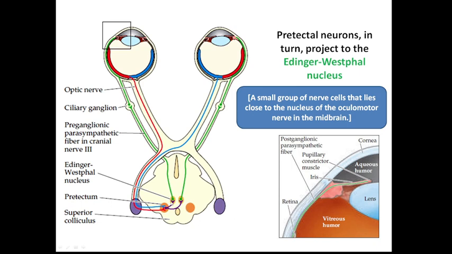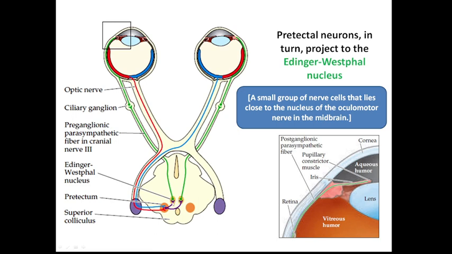These neurons send impulses towards the Edinger-Westphal nucleus, and the pretectum of the left side gives its connection to the Edinger-Westphal nucleus of both sides, that is the left side as well as the right side. Similarly, the right-sided pretectum also gives its connections to both Edinger-Westphal nuclei, left and right.